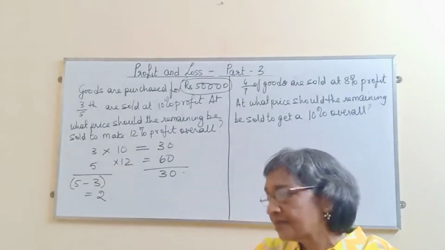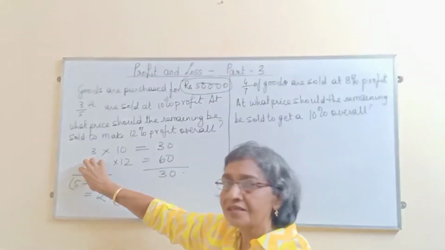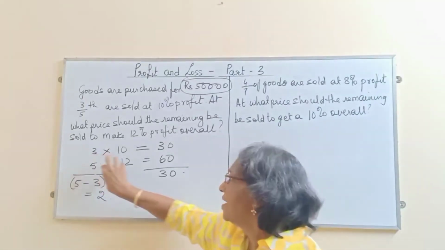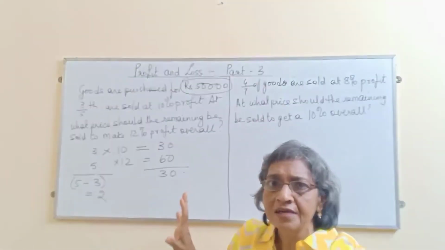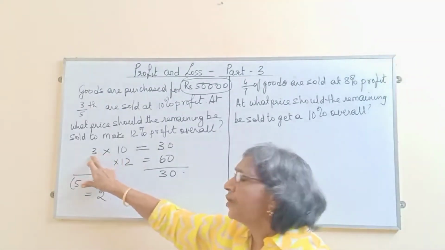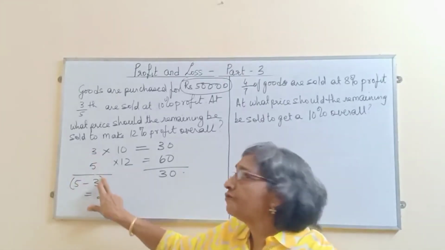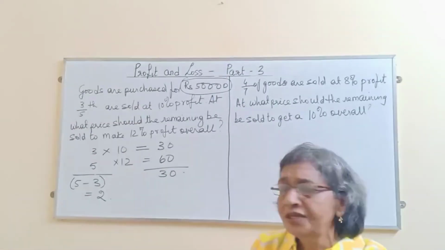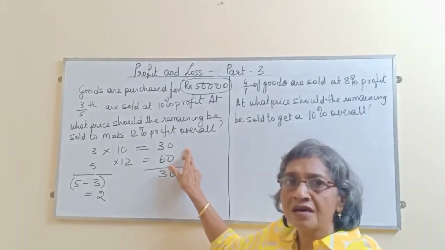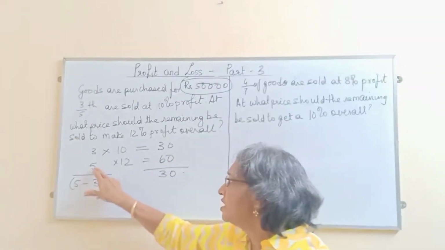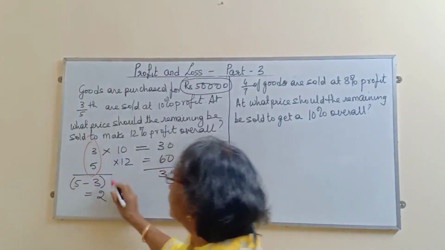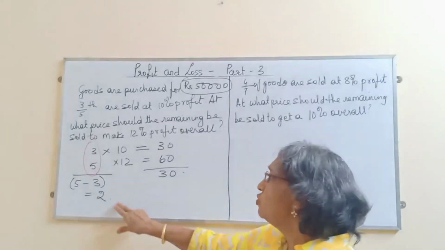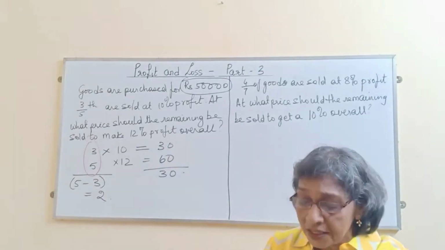So just take the example, I have purchased 5 articles and overall I need to get a profit of 12%. So 5 into 12, that means 60 will be the value. 3 out of these 5 are sold at a 10% profit. So that value is going to be 30. How much is the difference here? Out of the 5 I have sold 3. So what is remaining is 2 articles. Now 2 articles will be sold at 30%.